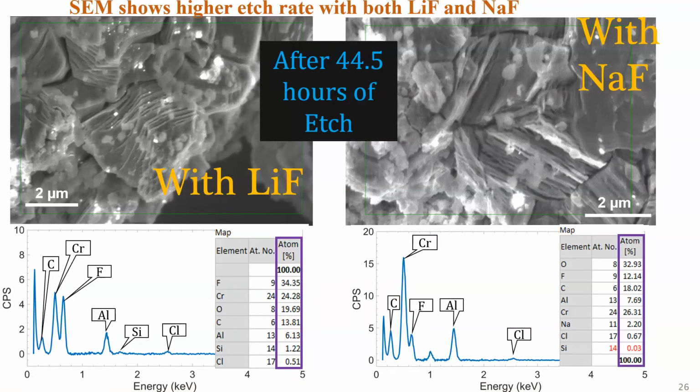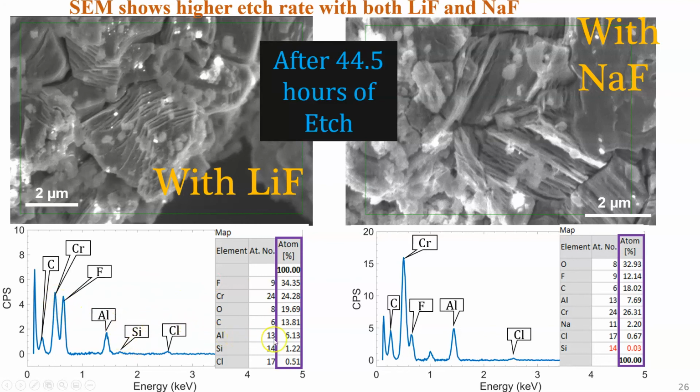So this shows the scanning electron microscope images of using lithium fluoride and sodium fluoride. One of the things to take home from here is that when you use lithium fluoride, even though the etch is as successful as when you use sodium fluoride, the fluorine peak is still showing up significantly.